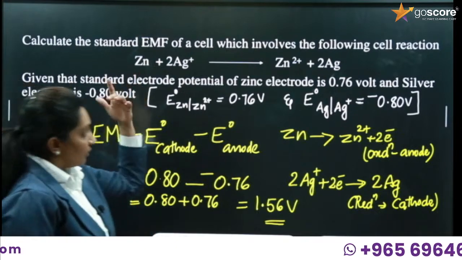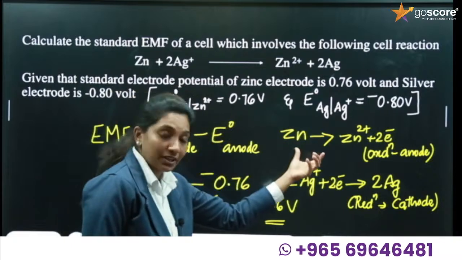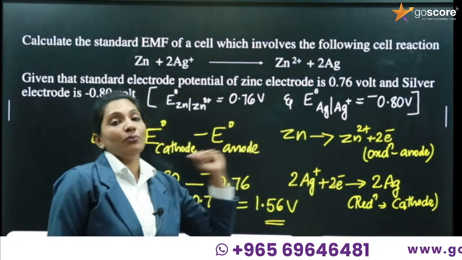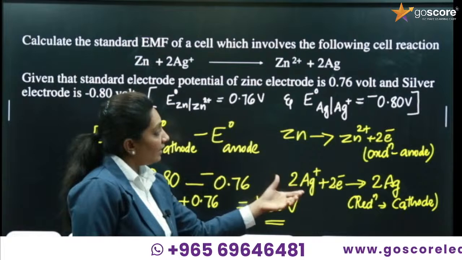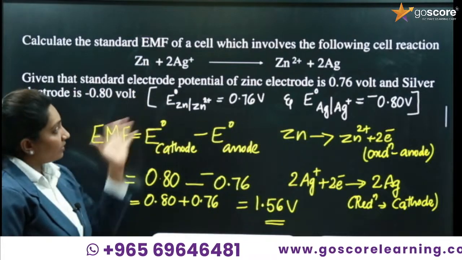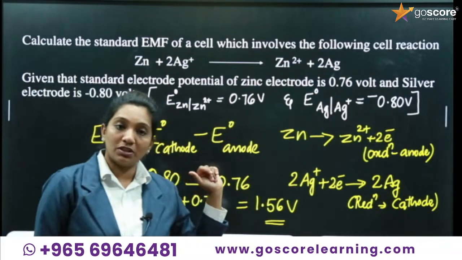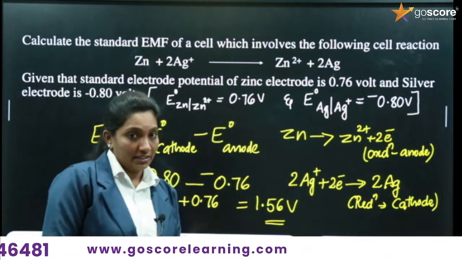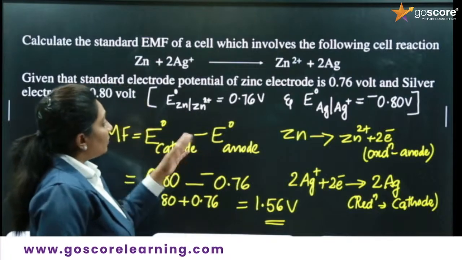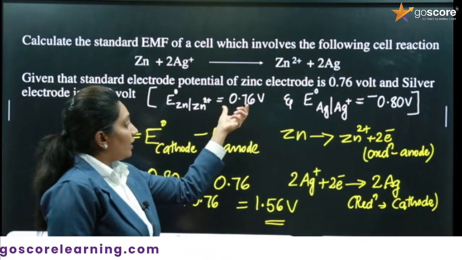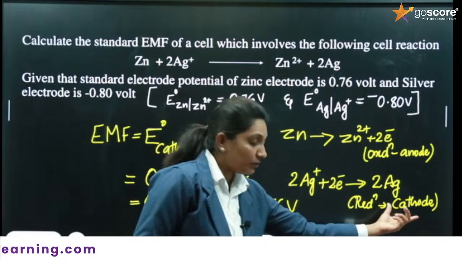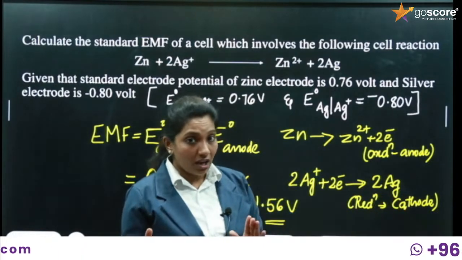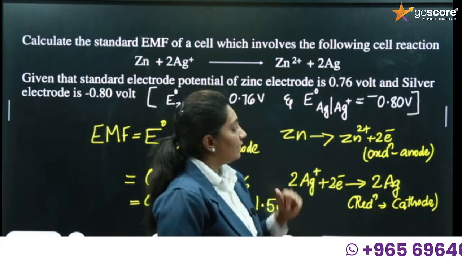Okay. If you get a question like this, first you have to find out which one will act as the anode and which one will act as the cathode, and look at the question whether the oxidation potential or reduction potential is provided, and based on that you have to take the negative sign values. In this problem you can take the oxidation half cell plus the reduction half cell.